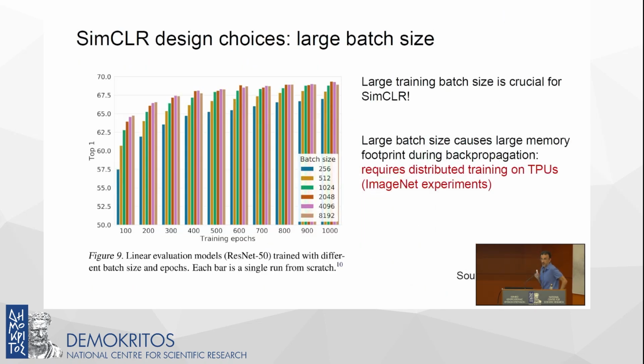The other thing that I want to stress is that for these methods to work well, you actually need to use large mini batches, large batch sizes. Why is that? Because remember, the number of negatives that you have depends on the size of your mini batch. Because this is a contrastive method, you contrast against negatives, so you need a lot of negatives in your mini batch, which is a problem because this means you need a lot of memory.